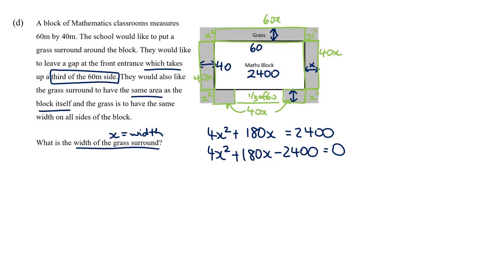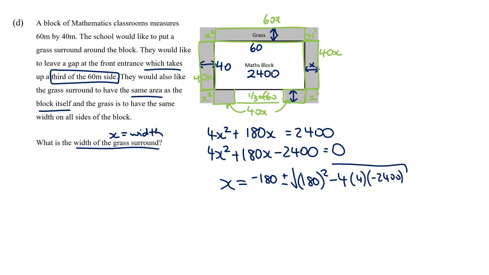But anyway, from here, quadratic formula, x equals negative 180 plus and minus the square root of 180 squared minus 4 lots of negative 2400, all over 2 lots of 4. Put in the calculator. The plus answer will be 10.76.